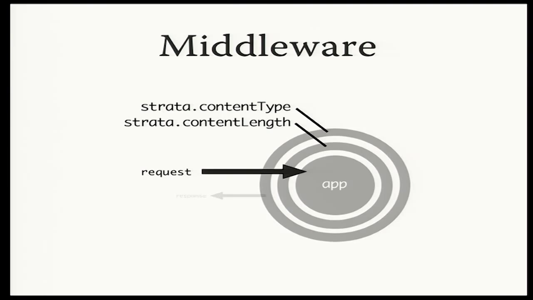Same thing as the response goes out: it has to pass through the middleware to get back out to the client. So middlewares have the chance to modify the request on the way in or the response on the way out, okay? And that makes them very flexible because you can use middleware for lots of different types of things. We're going to explore a few now.